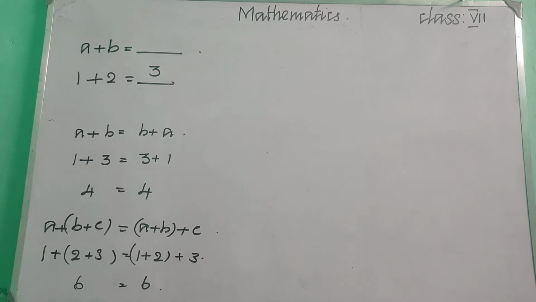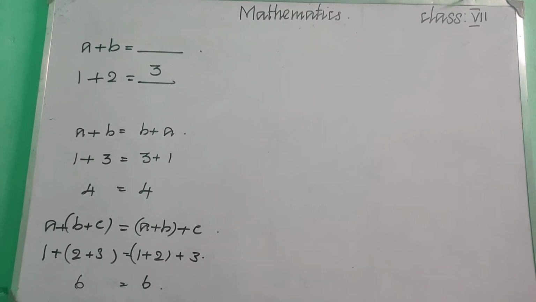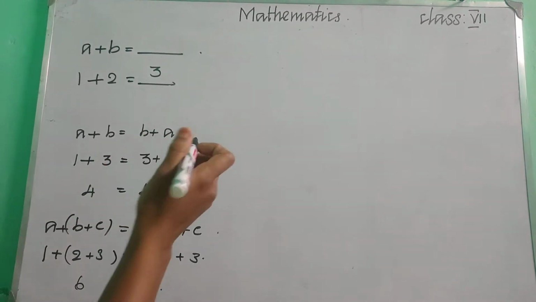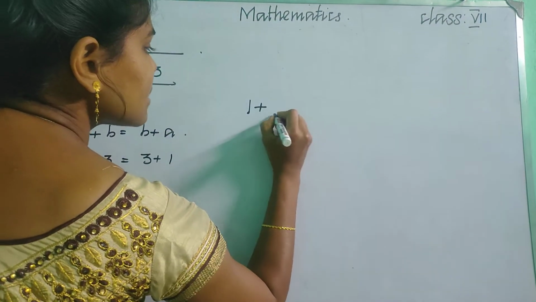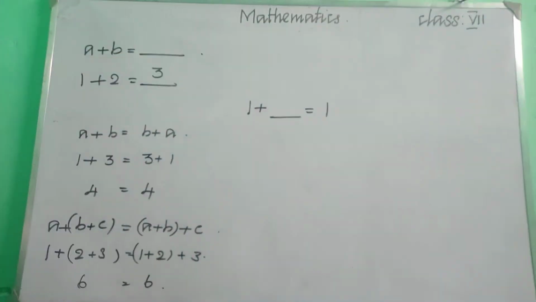Okay, children. And then we have learnt about additive identity, right? So what do you mean by this additive identity? Additive identity means, if you are adding 1 plus something, I am getting the answer 1.